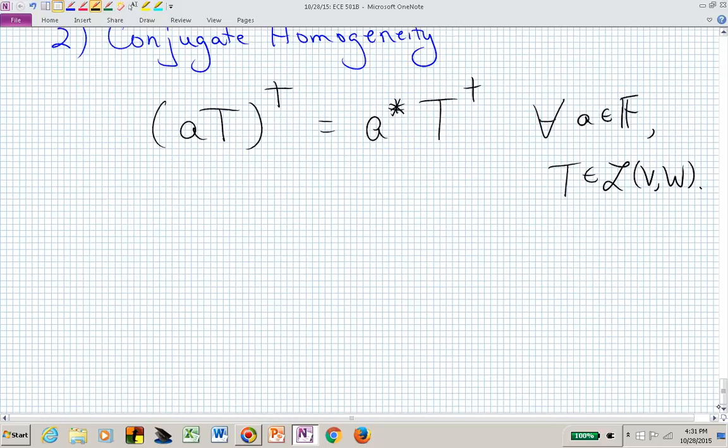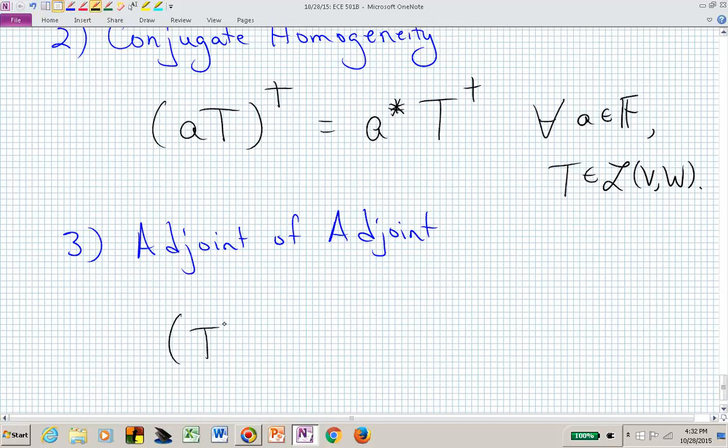What do you think happens if I now take the adjoint of an adjoint? Meaning, I'm taking the adjoint and then taking its adjoint.